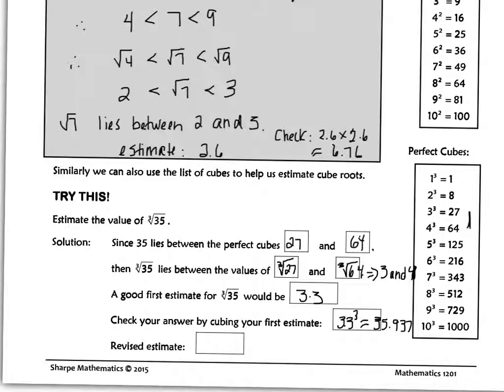So if I wanted to refine my estimate, I could probably say something like 3.29 or 3.28. 3.28 cubed is 35.287, so on. So that's not too bad. I can probably go a little lower, 3.27 if I wanted to. And 3.27 gives you 34.96, so either one.